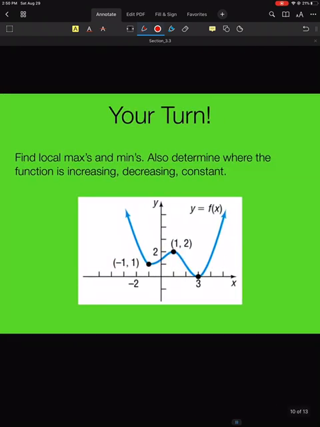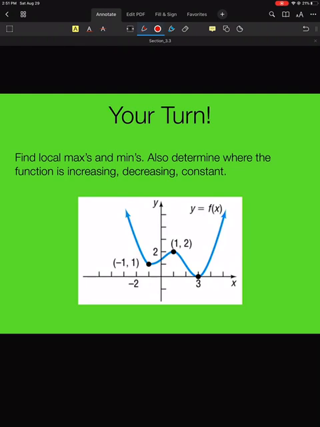Now, here's another Your Turn. I want you to find the local maxima and minima of this function, and I want you to determine where the function is increasing, decreasing, and maybe constant.